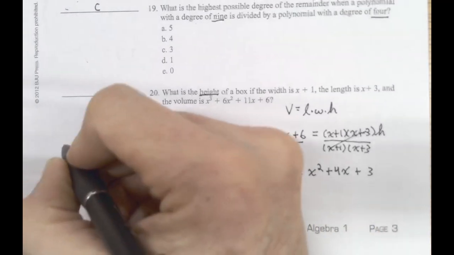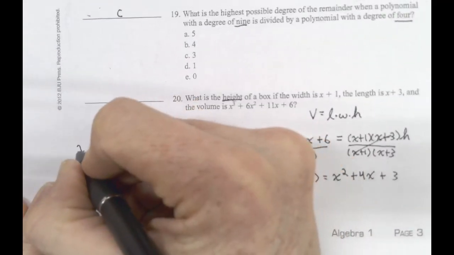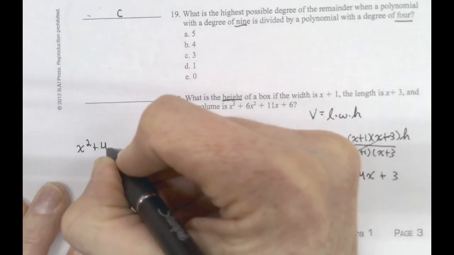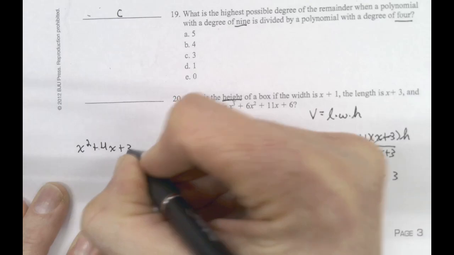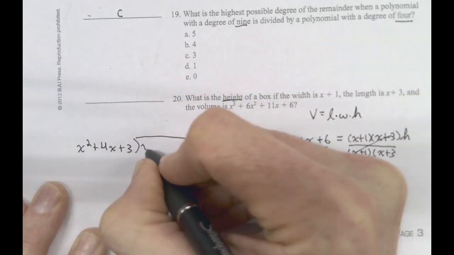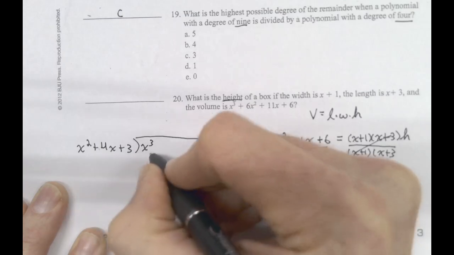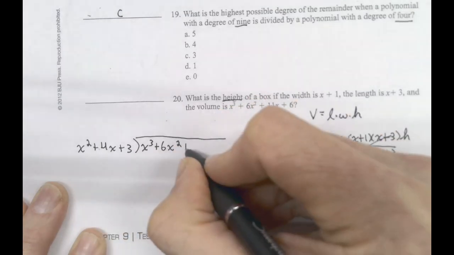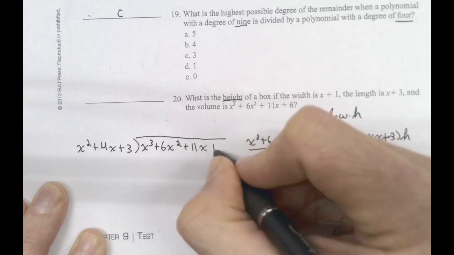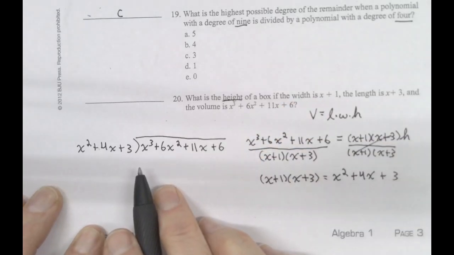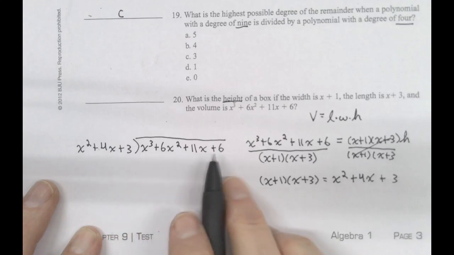Let me go over here so I can get some more space. So I've got my x squared plus 4x plus 3 divided into this long expression here, x cubed plus 6x squared plus 11x plus 6. We don't need any placeholders because we've got everything represented there. We've got our x cubed, x squared, x, and 6.